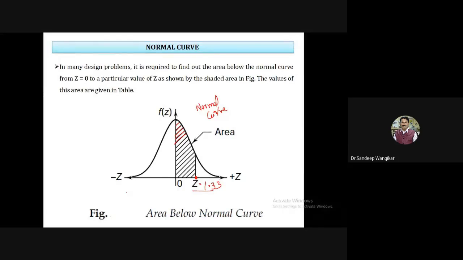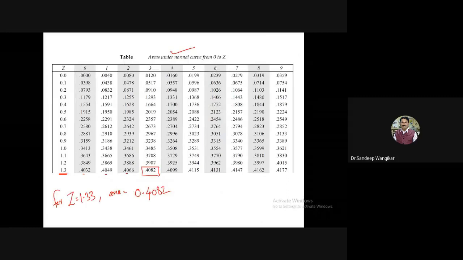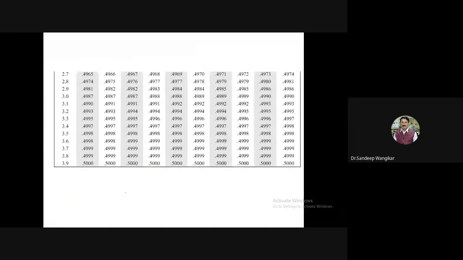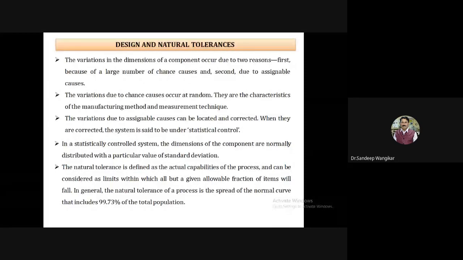What is the Z value? How to calculate the Z? That also we will discuss, what is the formula and how to calculate. We will take numerical also related to this. And now area below the normal curve, Z is equal to 1.33. And for 1.33, how to take the value, I have given you the idea. So the same table is given for this 3.9.